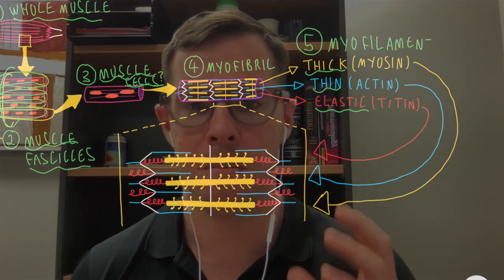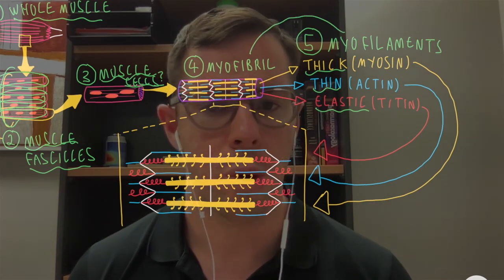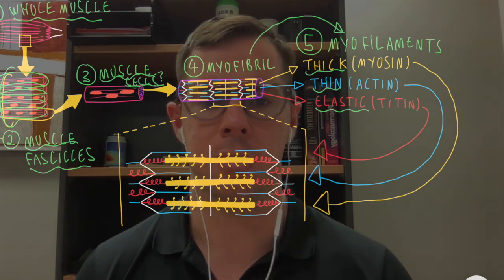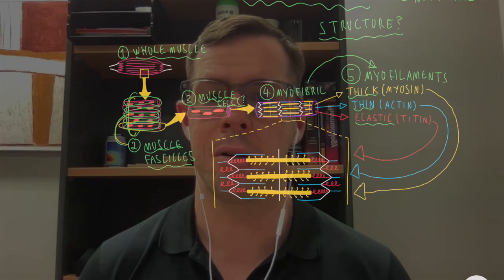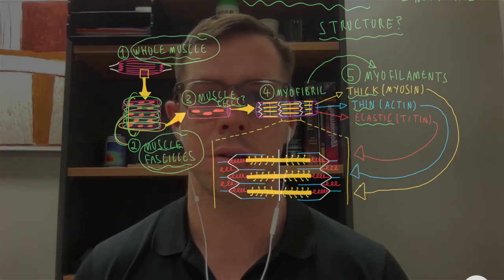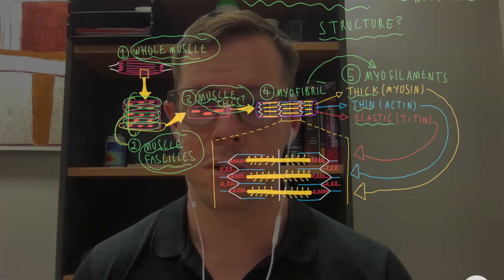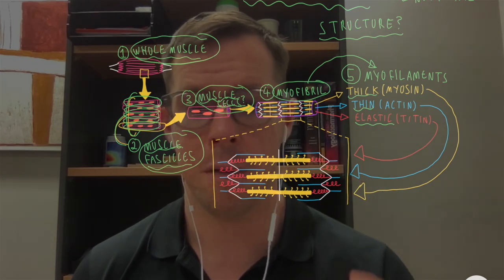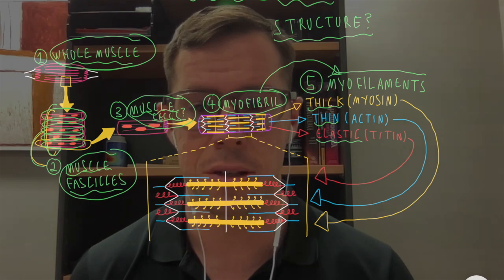Myofibrils are made up of many myofilament proteins. So, we've now established the hierarchy of muscle structure. Whole skeletal muscles are made up of fascicles, which comprise many muscle cells or fibers, which are made up of myofibrils. And myofibrils are made up of contractile proteins called myofilaments.